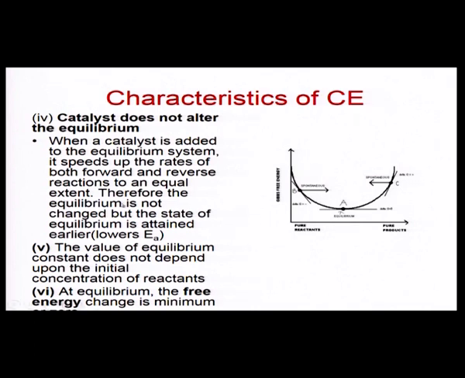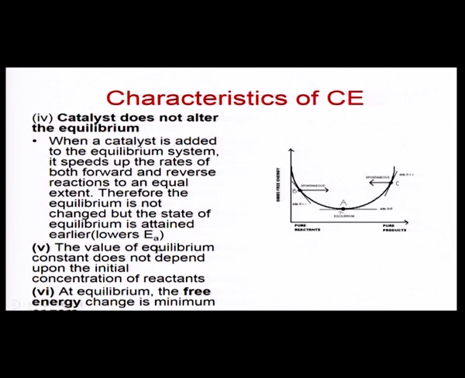Therefore, the equilibrium is not changed, but the state of equilibrium is attained earlier by lowering the activation energy. The catalyst, as shown here, lowers the activation energy and brings about equilibrium quickly. That is, it hastens the process in a different way by lowering the activation energy, and the catalyst helps to achieve equilibrium faster.